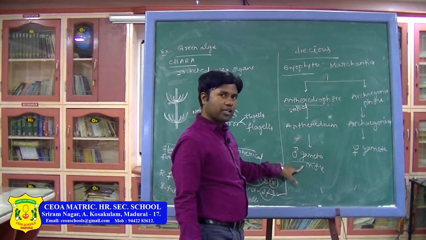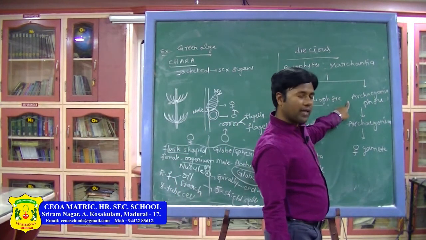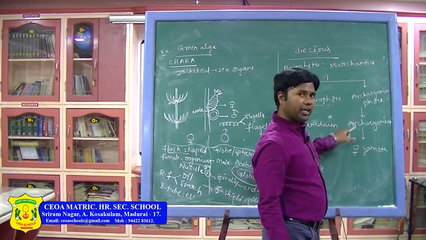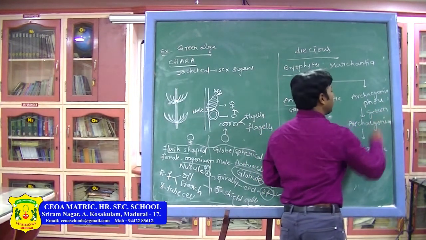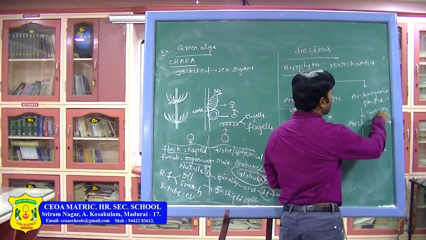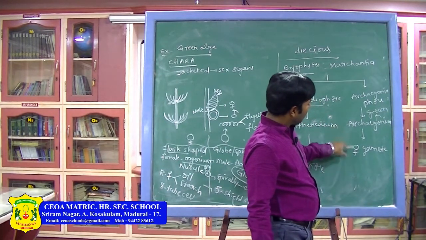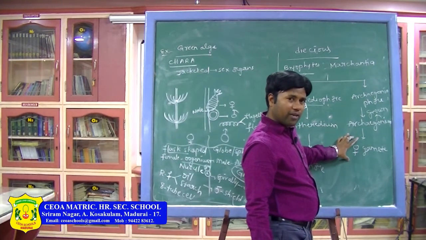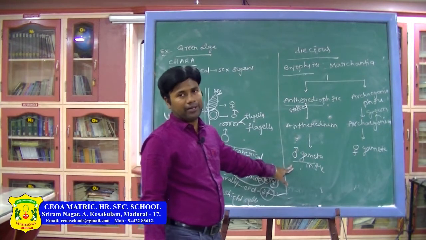From that we get the male gametes. Next, on the archegoniophore the archegonium will be grown. From that we get the female gametes. The number of female gametes is less compared to the male gametes.